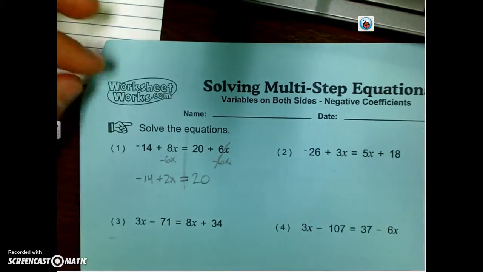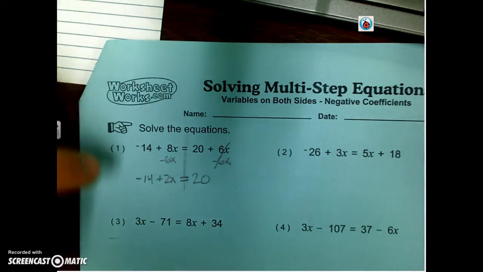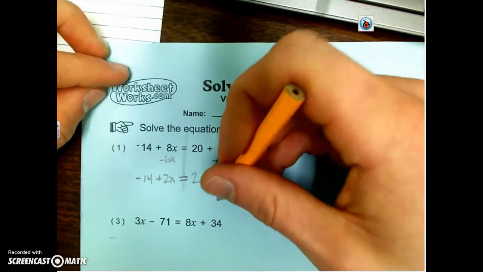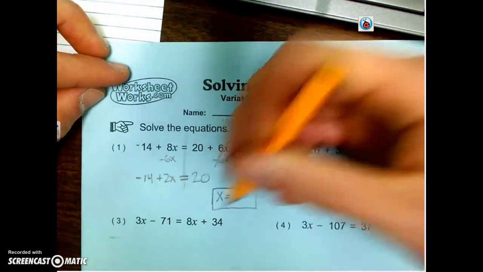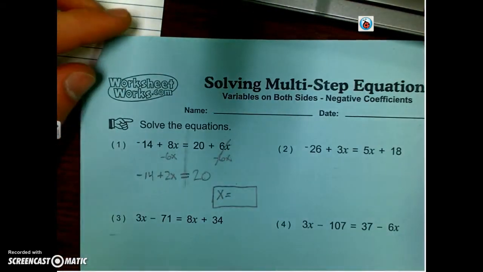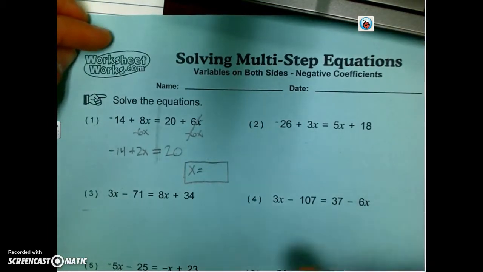Once we address that variables are on both sides, we're good to just solve a two-step equation here. So maybe we'd add our 14, divide by the 2, and we'd be able to get our x is equal to a final answer. Now, for example here on number 4, you can move either one of these pieces.